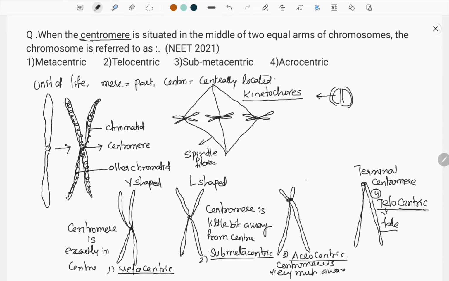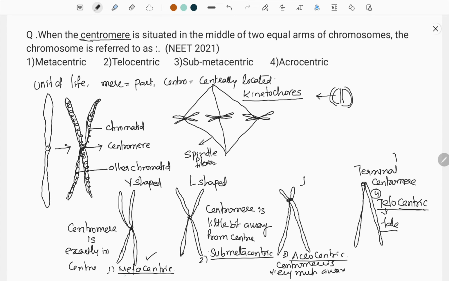Acrocentric is J-shaped, meaning one arm is longest, one arm is shortest. And telocentric is just I-shaped because there is no other arm, only one arm is present. Based on this data, I think it's very clear. Now, this asks: centromere is situated in the middle of two equal arms of chromosomes, this chromosome is referred to as. You can clearly say this is metacentric chromosome.